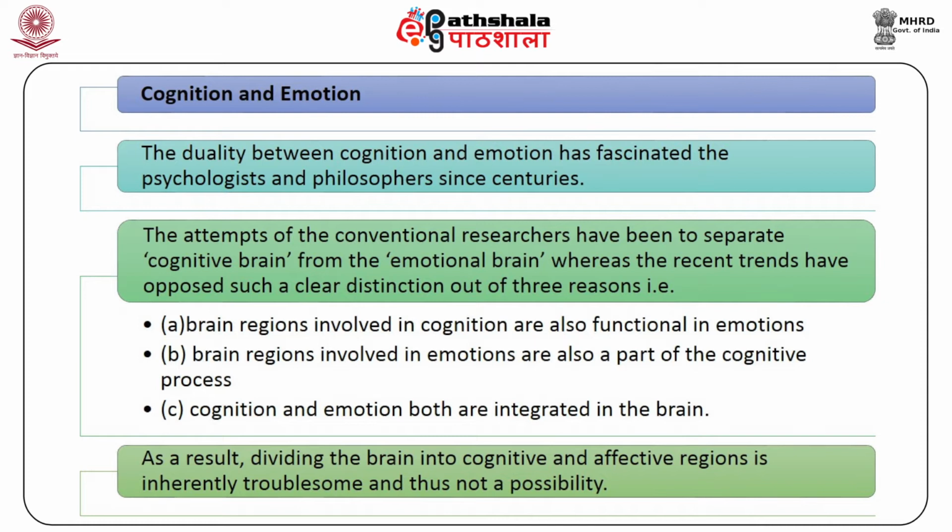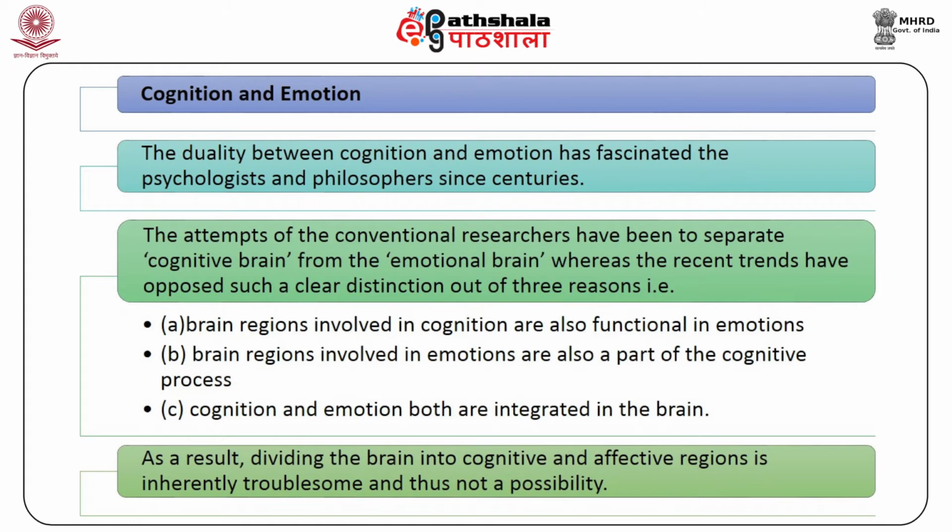The attempts of the conventional researchers have been to separate the cognitive brain from the emotional brain, whereas the recent trends have opposed such a clear distinction for three reasons. Brain regions involved in cognition are also functional in emotions. Brain regions involved in emotions are also a part of the cognitive process.